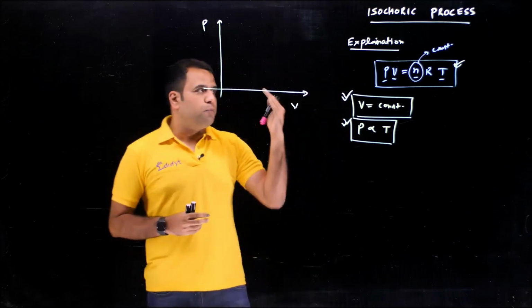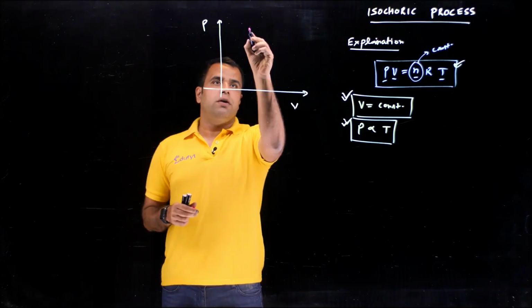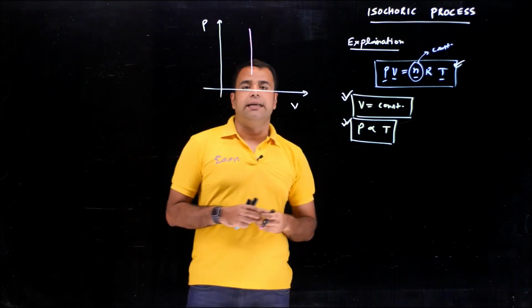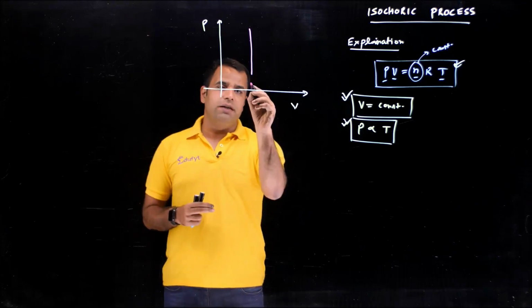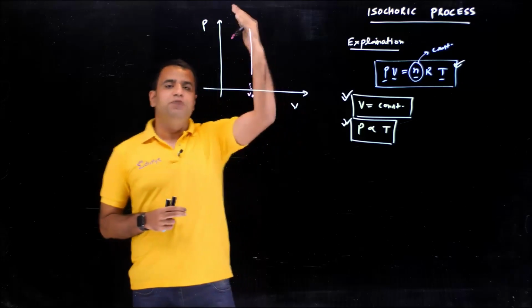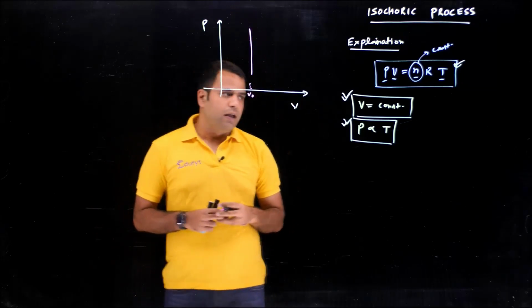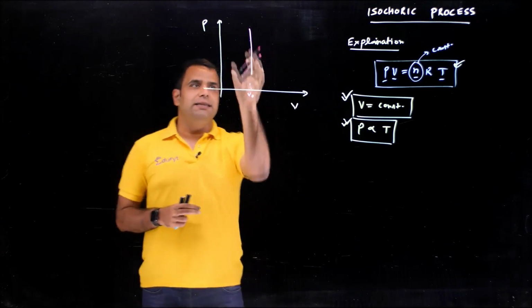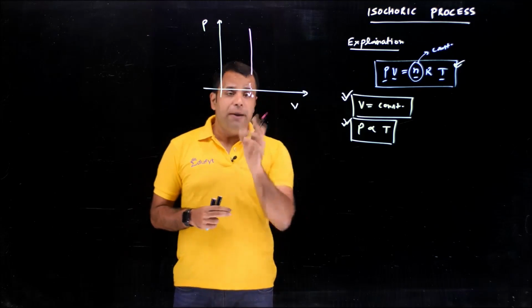So if you plot the isochoric process onto a PV graph, the graph comes out to be a straight line parallel to the y-axis, which is the pressure axis. The volume always remains constant. This will be some V naught. Pressure will keep changing, but the volume throughout will remain constant. So this graph will represent the isochoric process in the PV graph.